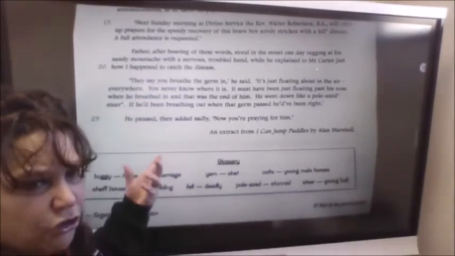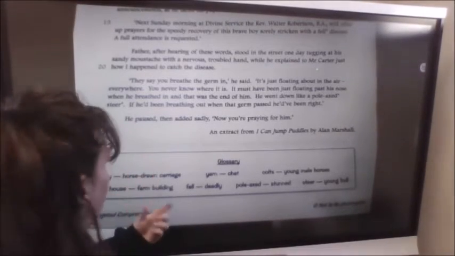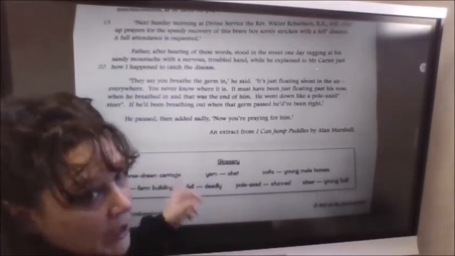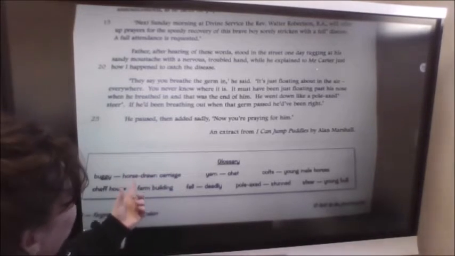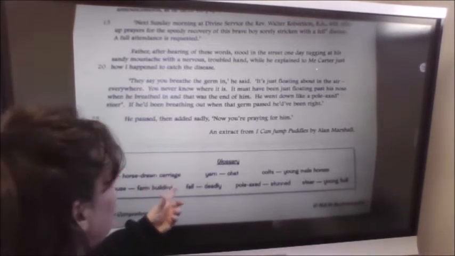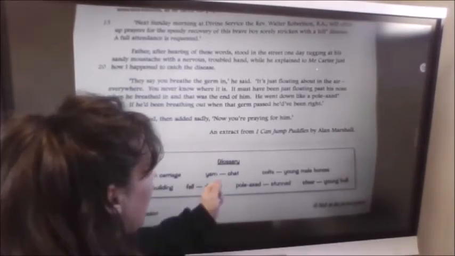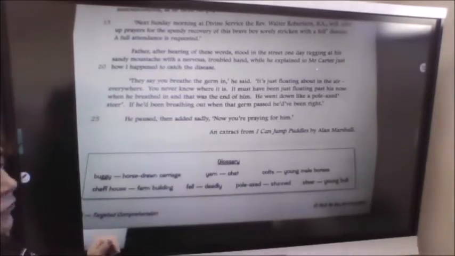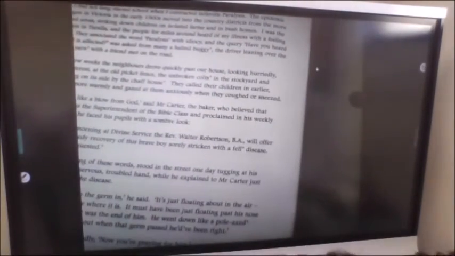Because it's Australian, they use different terms. Just to recap, the buggy is a horse-drawn carriage, not a vehicle, as we've said previously. Right, so if we then have a little look at what it continues to say.